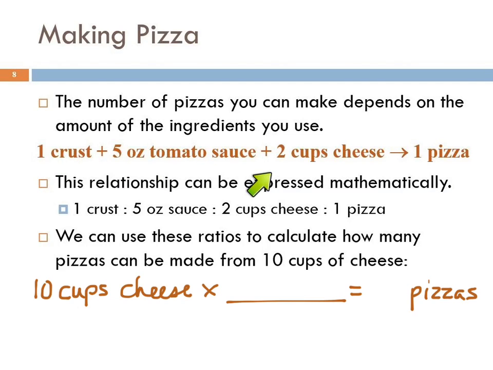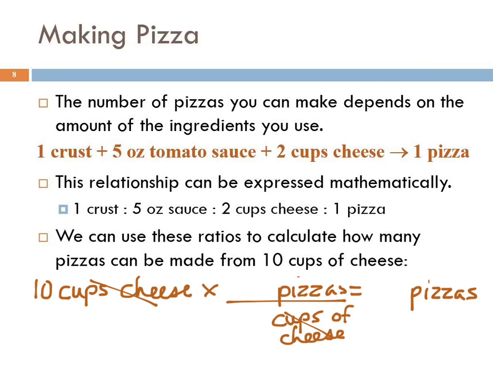So we look here and we see that there are 2 cups of cheese needed for every 1 pizza. That's the relationship. Here we're going cups of cheese to pizzas. We're going to use dimensional analysis and put the units in, pizzas and cups of cheese, so that the units work out.